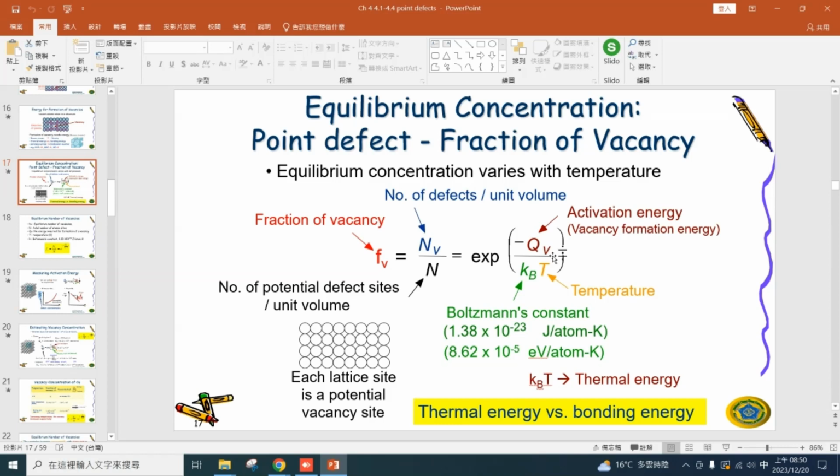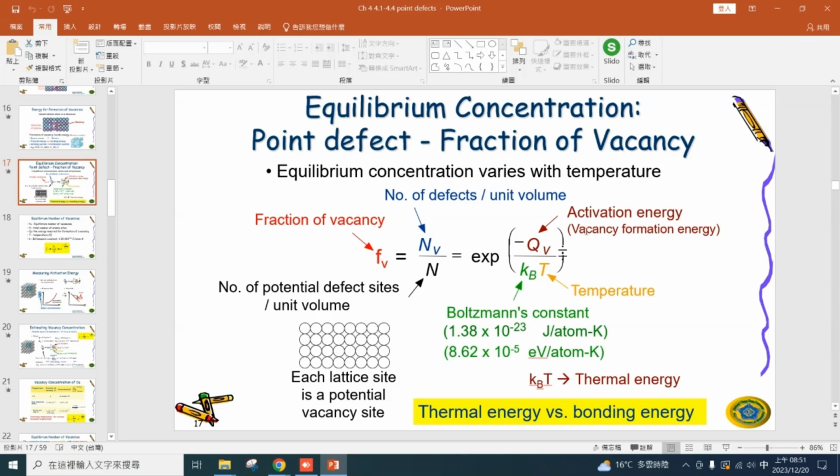And please bring your calculator to calculate. Especially, we want to know the fraction of vacancy is related to the temperature. If temperature is high, the fraction of vacancy will be high.